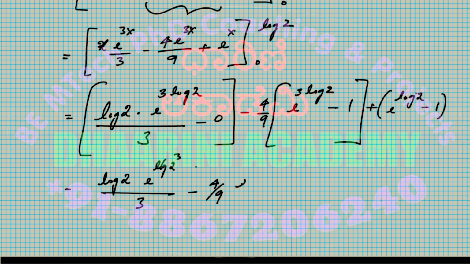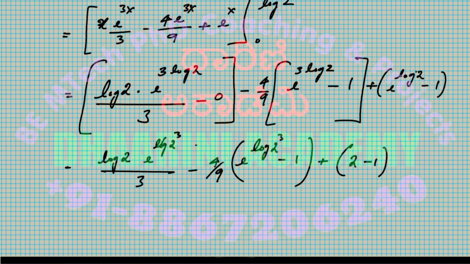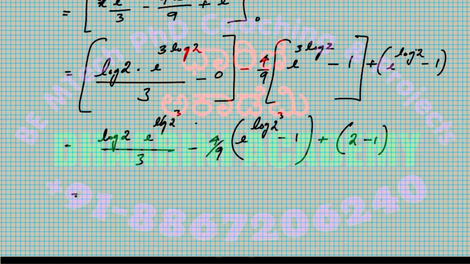So this is e to the power log of 2 cube minus 1. Once again, e and log will cancel. So plus here e to the log 2 is simply 2 minus 1. I can directly substitute there, right? So this is equal to, I have log 2 into 2 cube, because e and log cancel, 4 divided by 2 minus 4 by 9 by 3 minus.